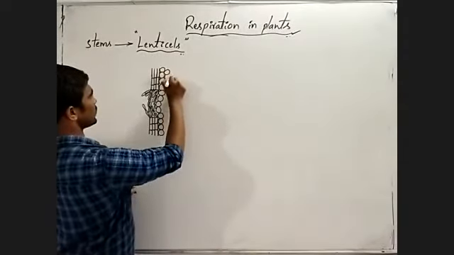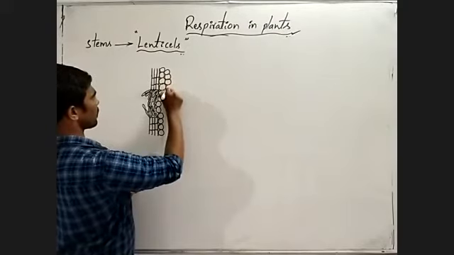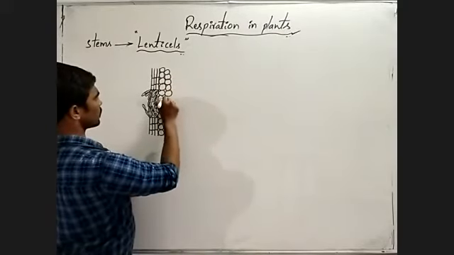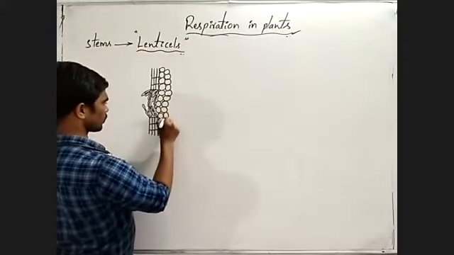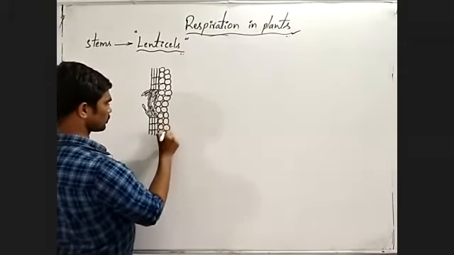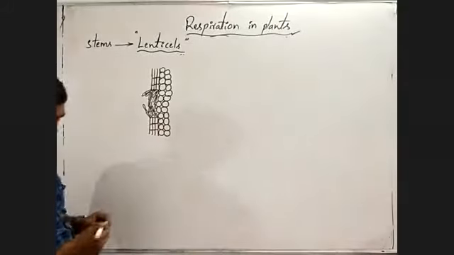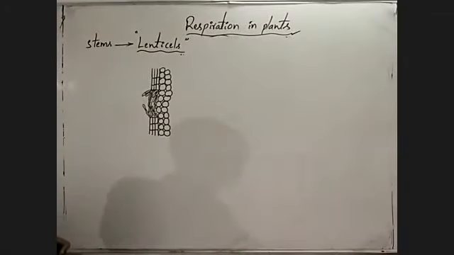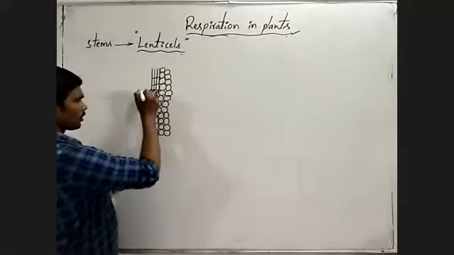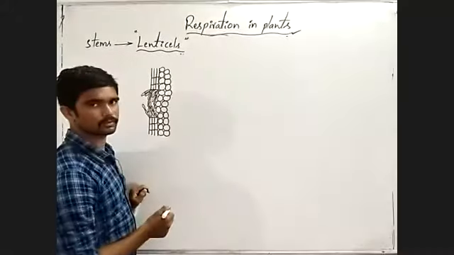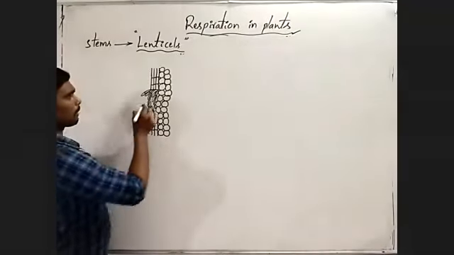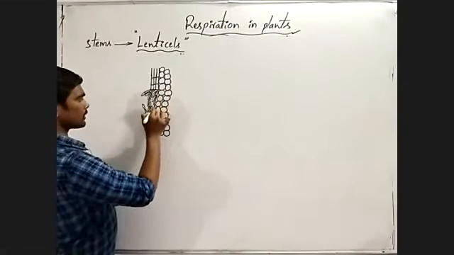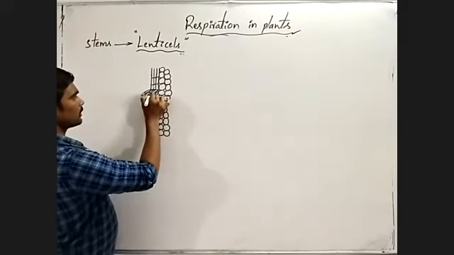During the secondary growth of the stem, cork is developed here, but here and there some parenchymatous cells are developed.